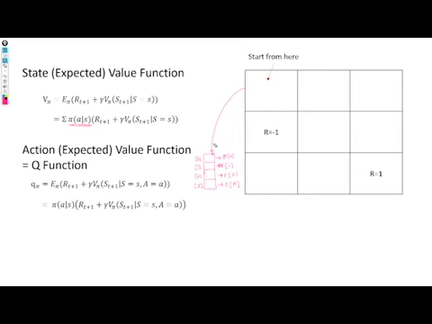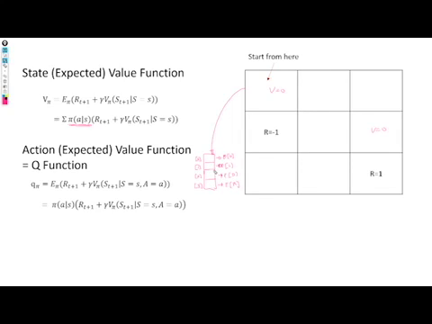We are still evaluating the value function of each state. The only difference is that we are also calculating the expected value of each action and putting these numbers into these arrays.